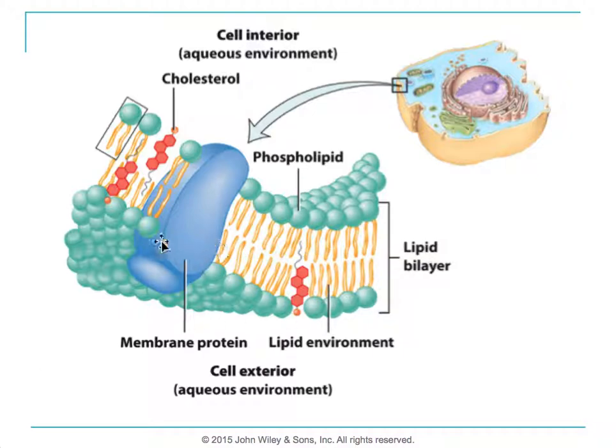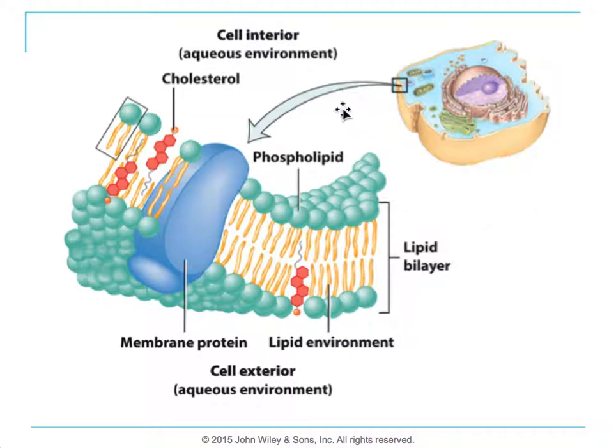All right, so this picture's from your book. This is a cross section of a cell membrane. All right, so we have this animal cell right here. You can see the nucleus, and we've got some mitochondria over here. All right, so we're talking about the cell membrane that kind of holds everything in the cell together and separates it from this aqueous environment out here.